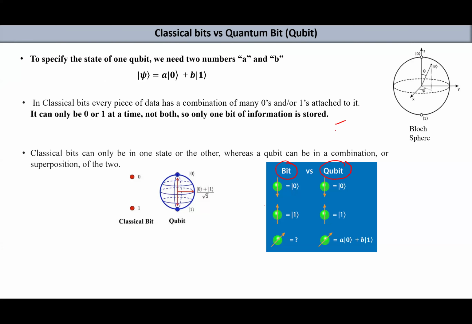If you restrict yourself only to the basis states, there's no difference. But the third state is going to give an advantage. Because if you have one classical bit, then you can have only 1 bit of information. But when you have 1 qubit, then you have 2 pieces of information. That wave function is going to have 2 pieces of information stored there.